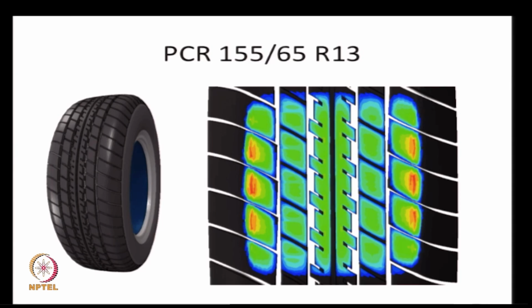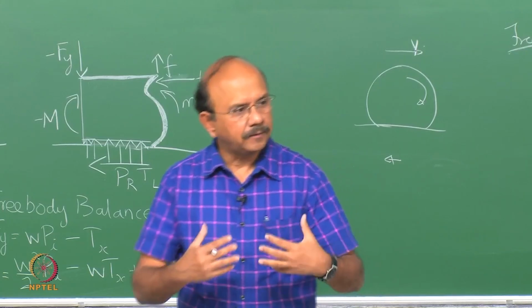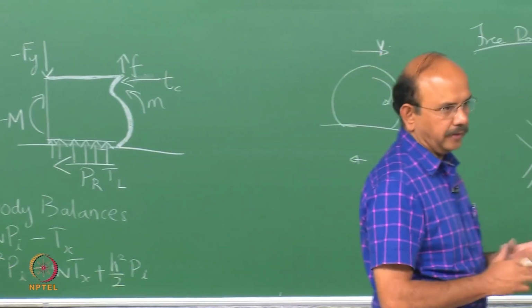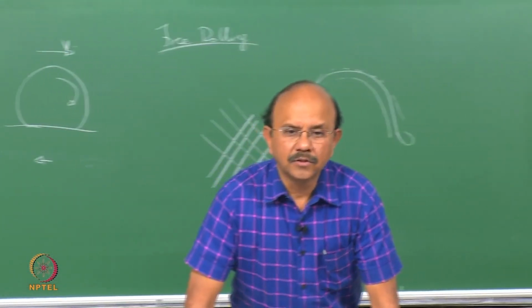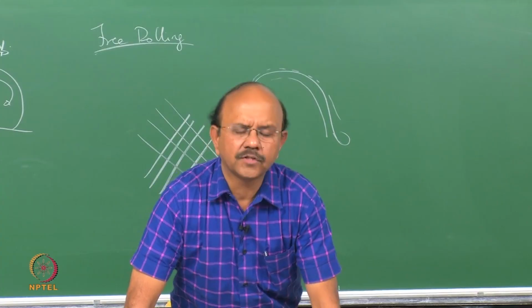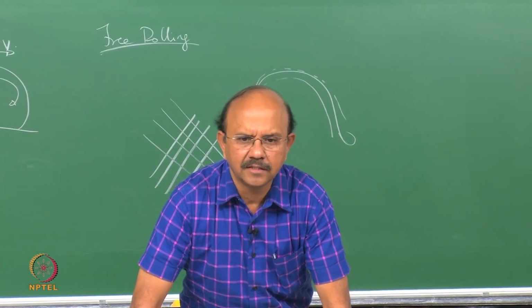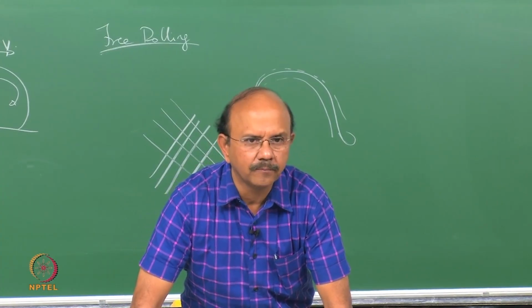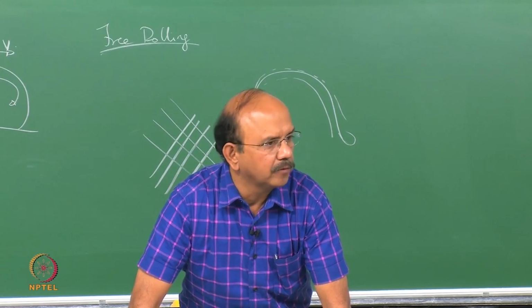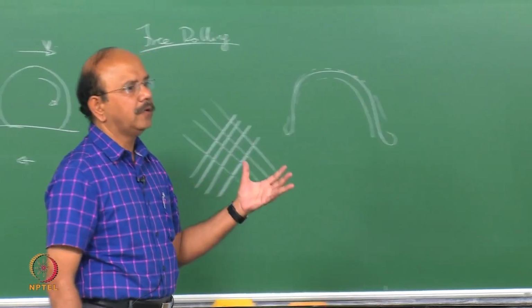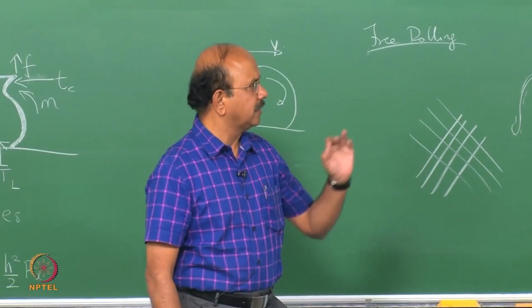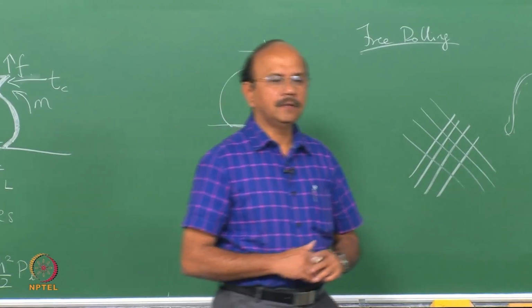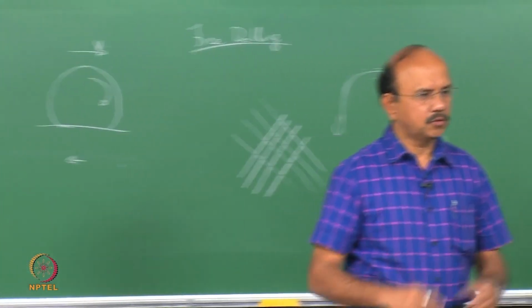Even for trucks, you have all-wheel tires, which you can use in the front as well as in the rear. So this is a very brief introduction to how the tires look, though we are not going to use that knowledge in this course. We are going to go more into how the tires interact, but nevertheless I think it's good to know how the tires look and so on.